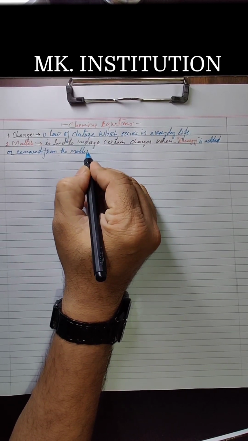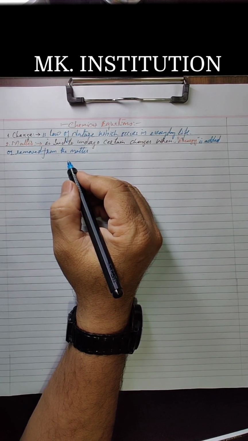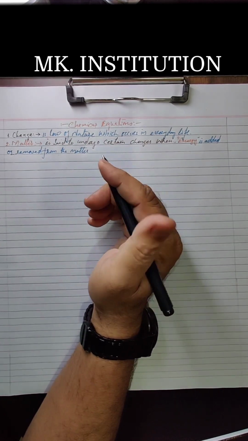Clear? Matter exists in 3 states. This we already studied. Matter exists in how many states? 3 states: solid, liquid, and gases.